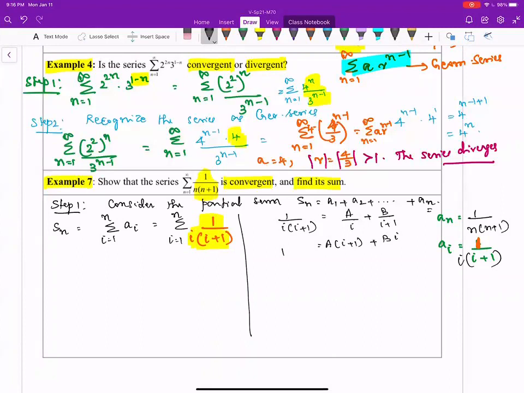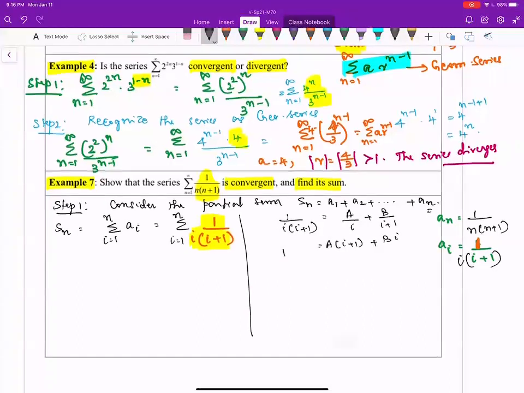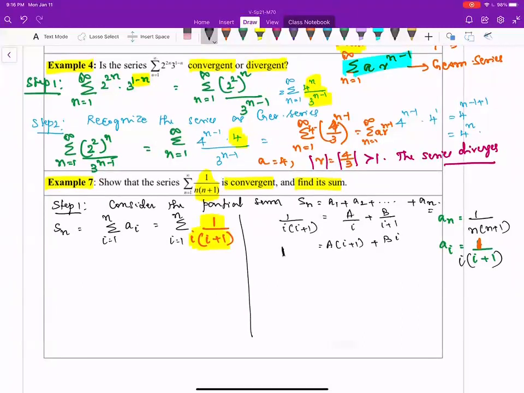The left-hand side numerator is 1, and the right-hand side numerator is A times (i plus 1) plus B times i. Using the techniques that we learned in partial fractions, if I plug in i equal to 0, 1 equals A times 1 plus B times 0, so you get A equal to 1.